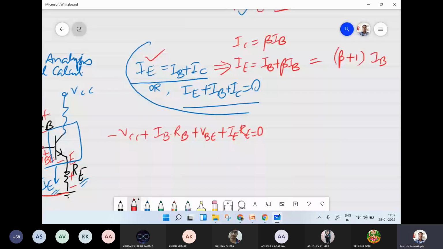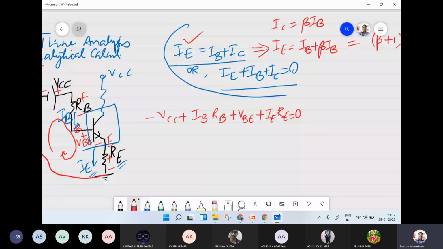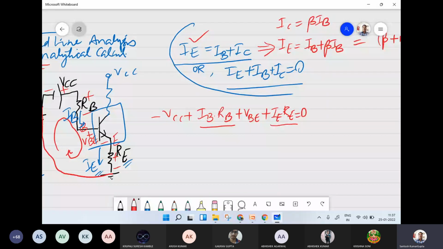So this equation can be rewritten. We take the terms consisting of current together: IB times RB plus, in place of IE, beta plus 1 times IB times RE, equal to VCC minus VBE.